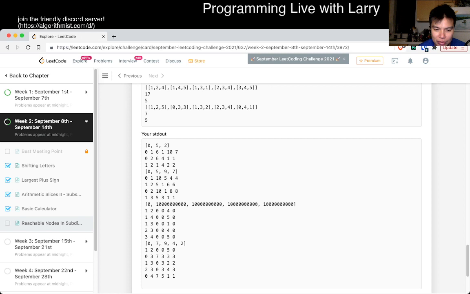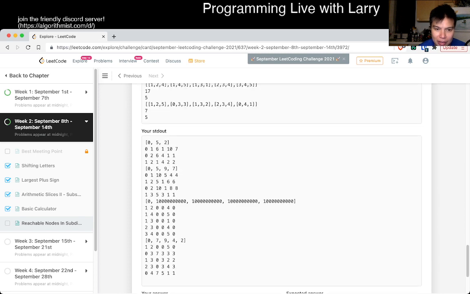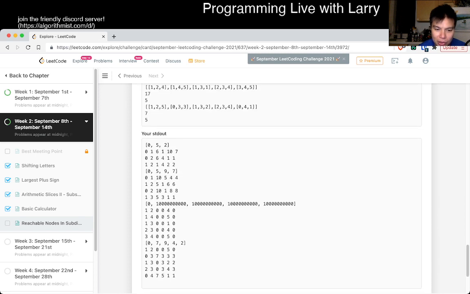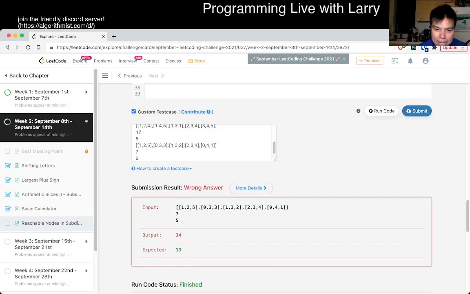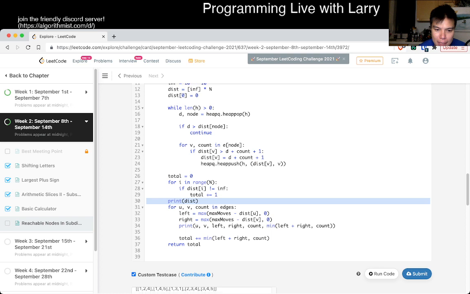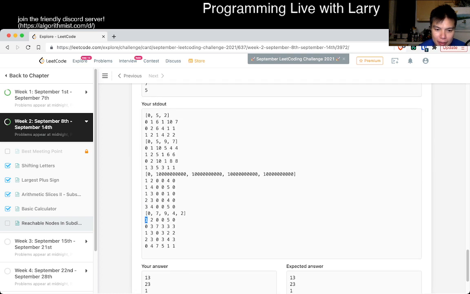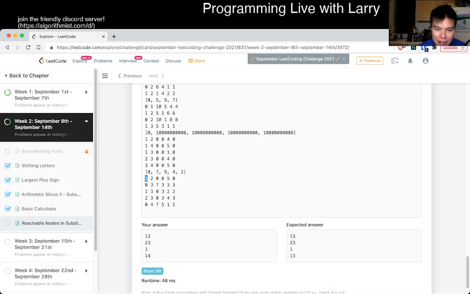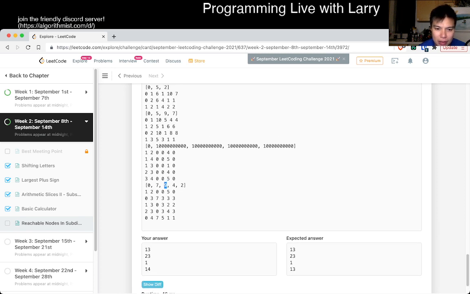And now we have to do it for each node. Okay, so between 1 and 2, there are 5 nodes, but one is 7 and the other is 9. Do I have off by 1? No, we used up all the moves here, so then the contribution is 0.